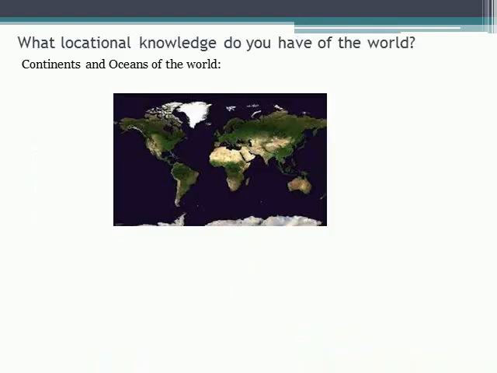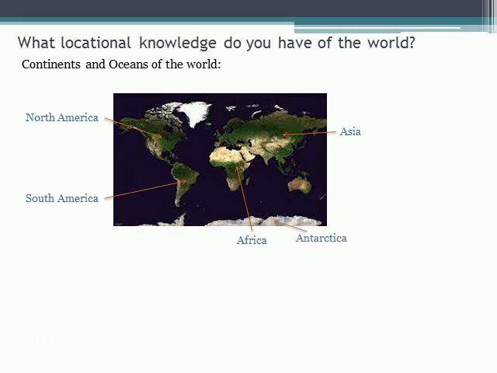Okay. What locational knowledge do you have of the world? Quick review of the continents and oceans of the world. This is information you all must know very well. We're going to review the continents first, starting with the largest continent: Asia, Africa, North America, South America, Antarctica.